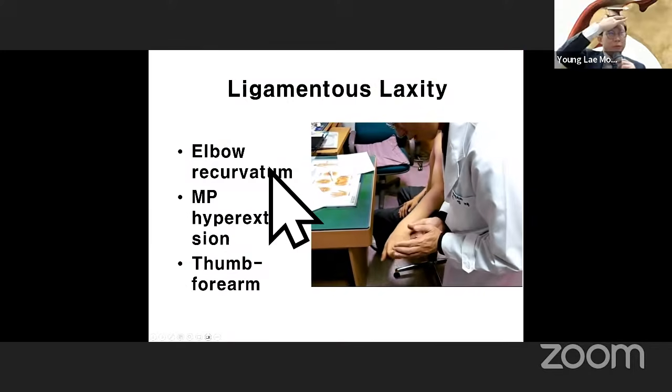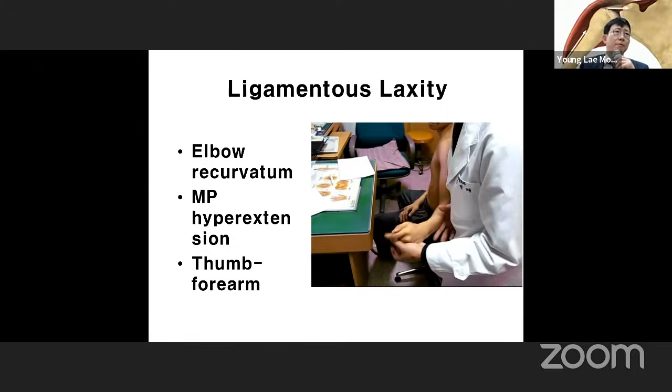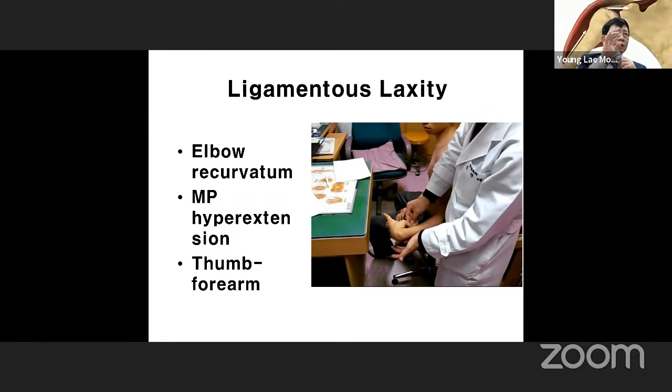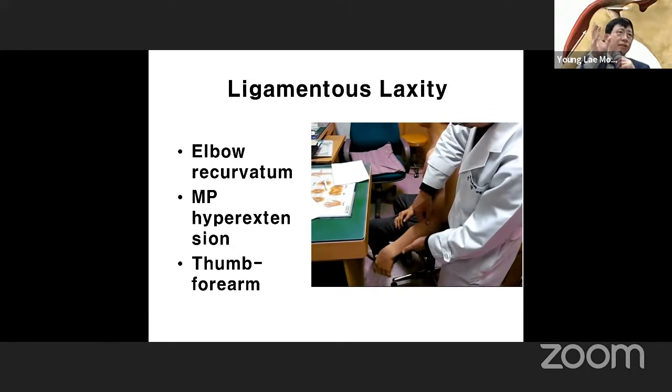So when we decide on a procedure for stabilization, we need to check the ligament laxity to obtain the amount of capsular tightness.